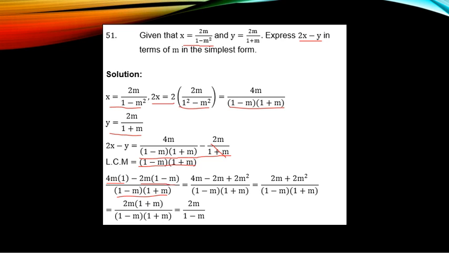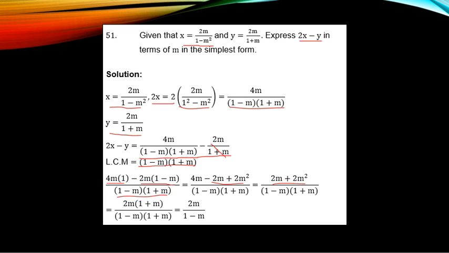So if you open the bracket, you have 4m minus 2m, minus 2m times minus m, you have plus 2m squared. Alright, so you have it that 4m minus 2m is 2m plus 2m squared.